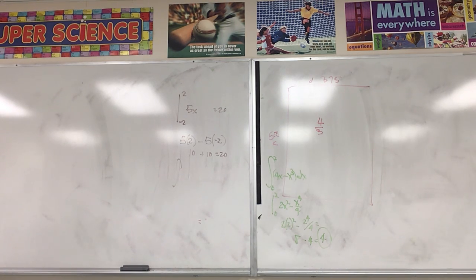Divide the 4x function by 2. So we get 4x squared over 2, which would be 2x squared. Correct.